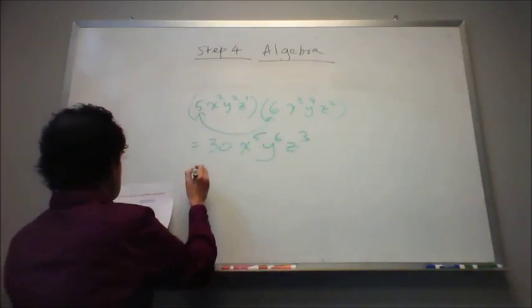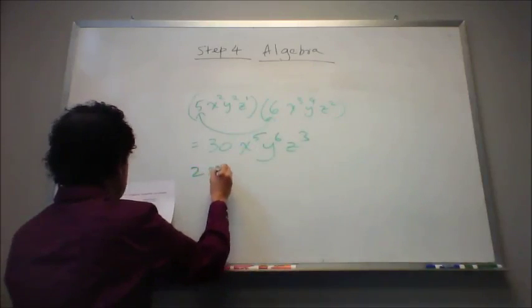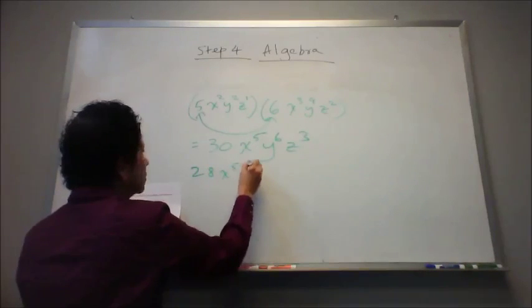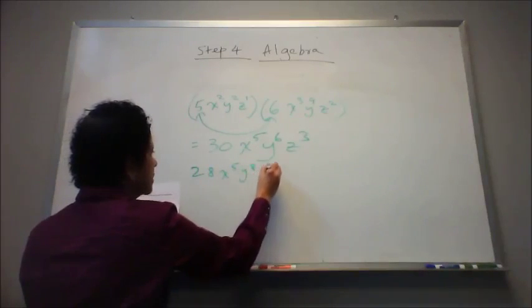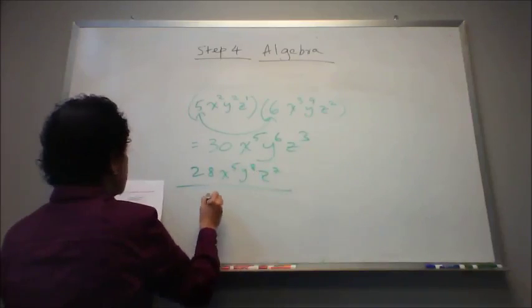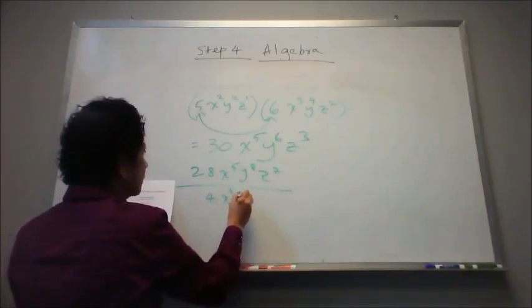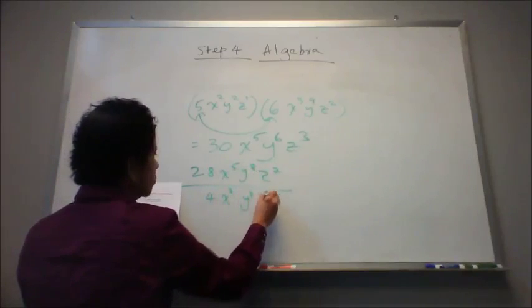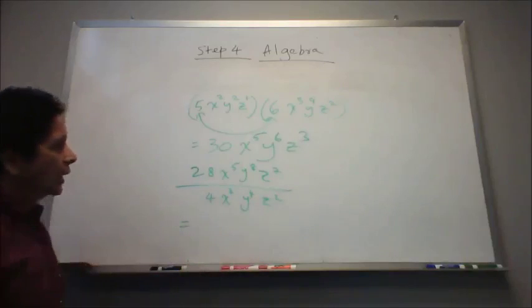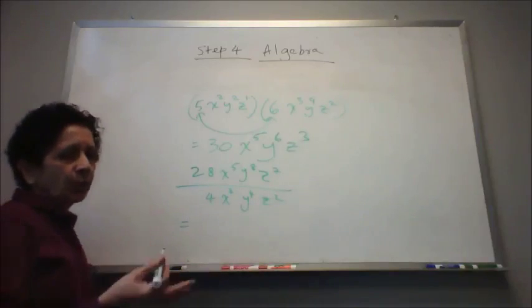So similarly, division. Let's say that I've got 28 x to the 5, y to the 8, and z to the 7, divided by 4 x cubed, y to the 4, z squared, okay? So then the division is very similar to what we did in step 1.